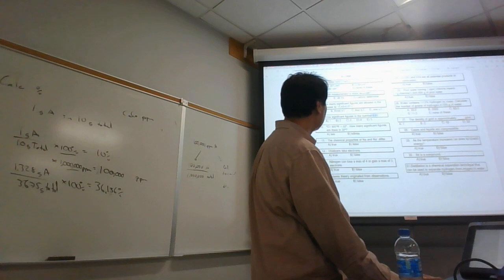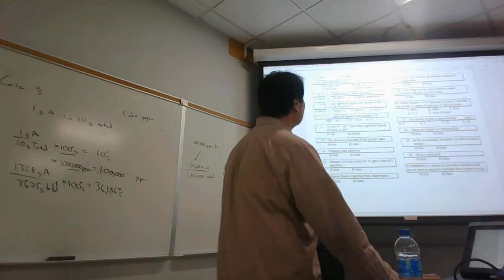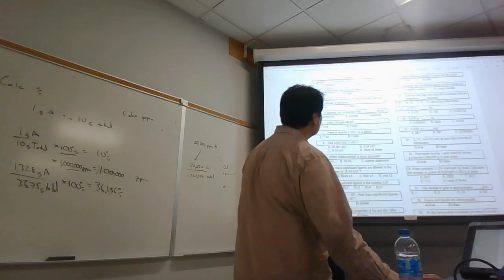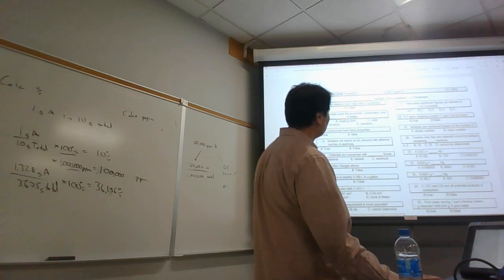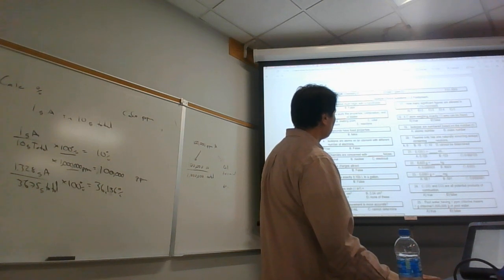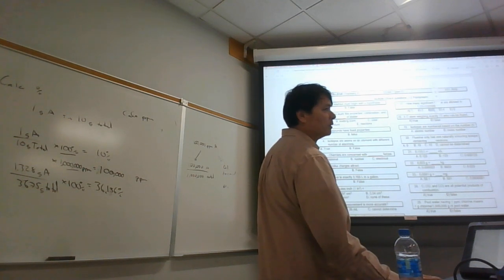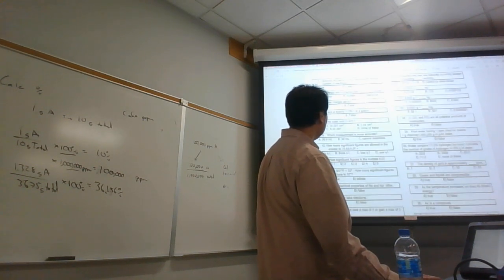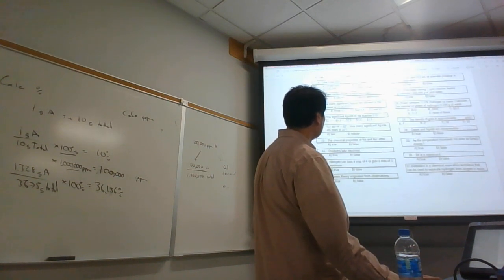How many sig figs did you get here? One. Is it 17? How many sig figs are allowed? I got C. C is correct. 11 is A.